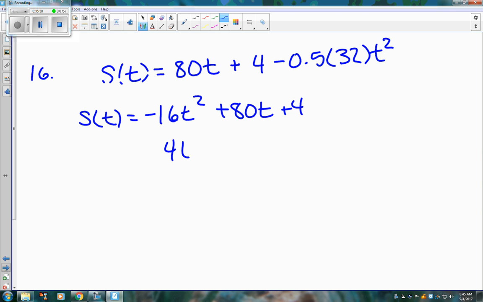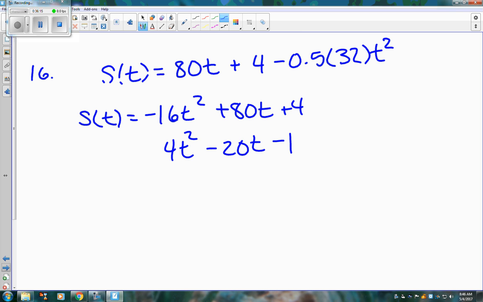So we're going to have t squared minus 20t minus 1. Use the quadratic formula to find t. What do you get for t?